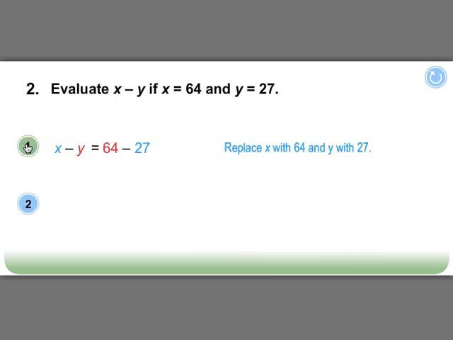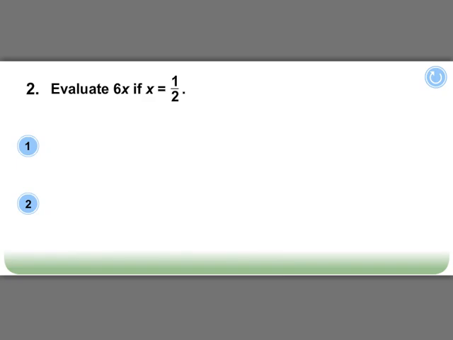Okay, so x minus y equals 64 minus 27. Because 64 came back, so x went away, and 27 came back, so y went away. And the answer is 37, right? Because 64 minus 27 is 37. I hope you guys are understanding this, okay?